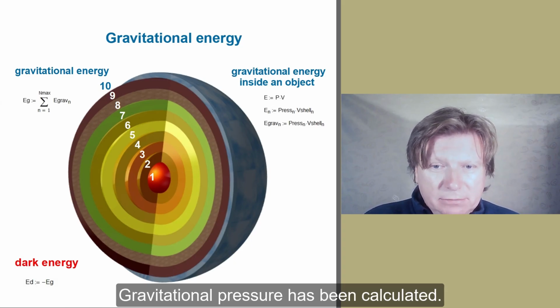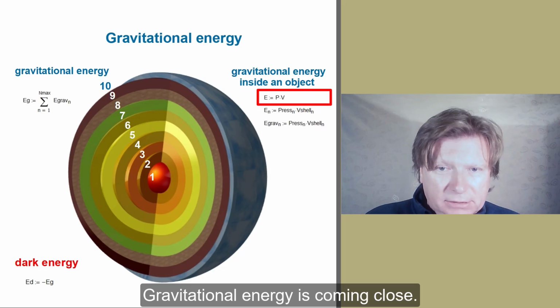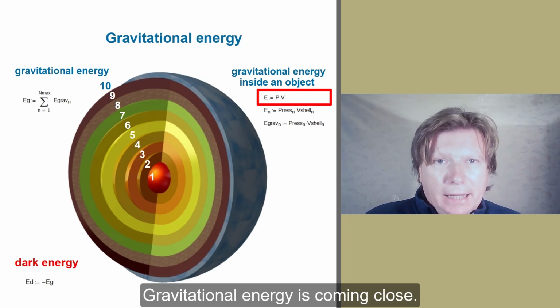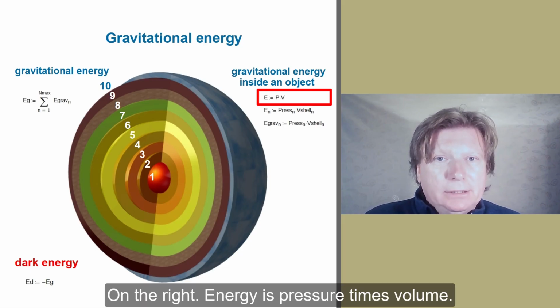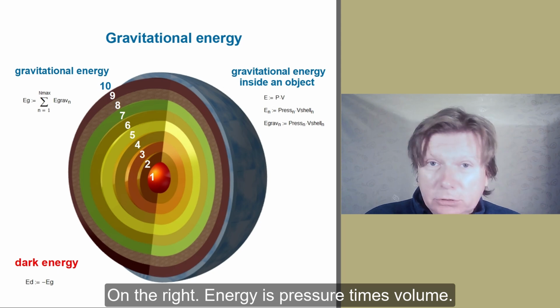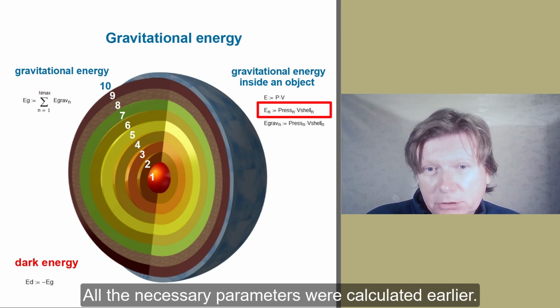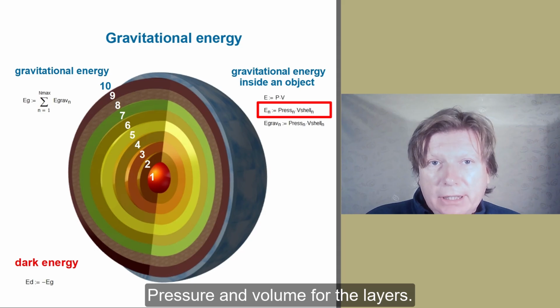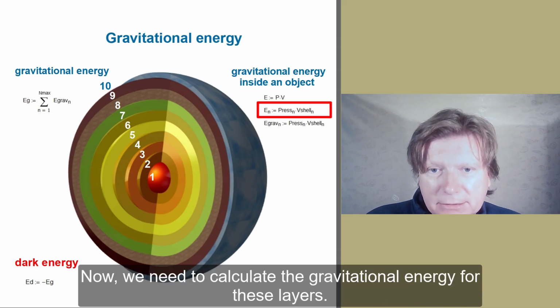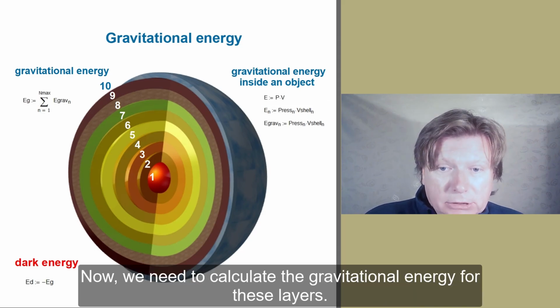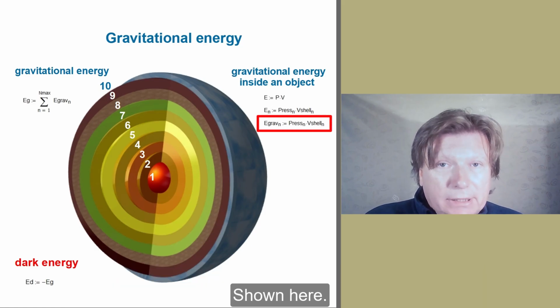Gravitational pressure has been calculated. Gravitational energy is coming close. On the right, energy is pressure times volume. All the necessary parameters were calculated earlier, pressure and volume for the layers. Now we need to calculate the gravitational energy for these layers, shown here.